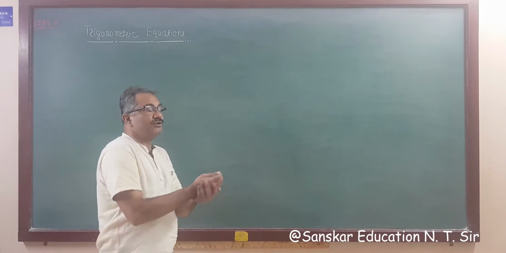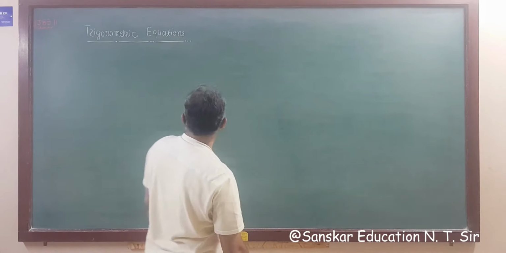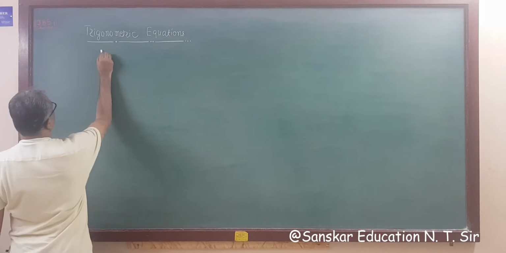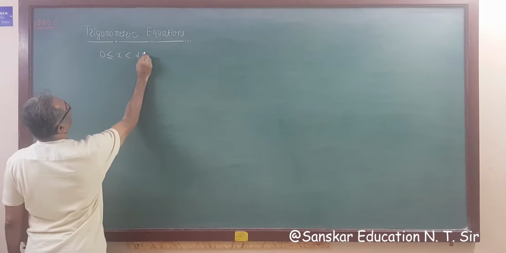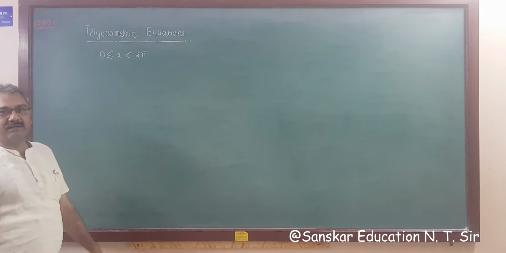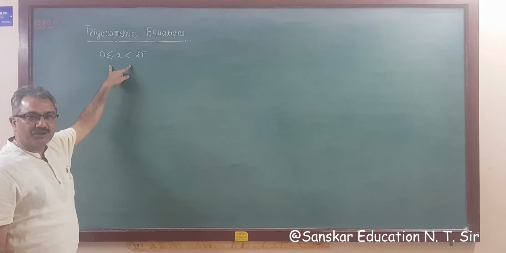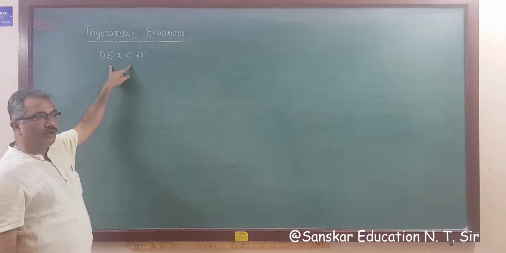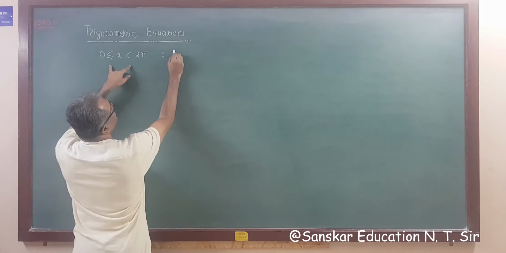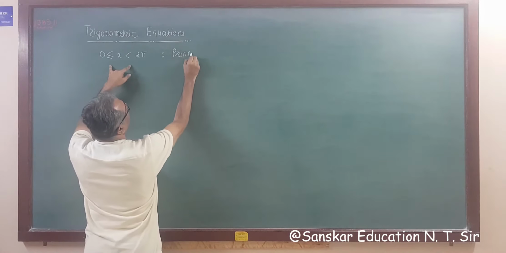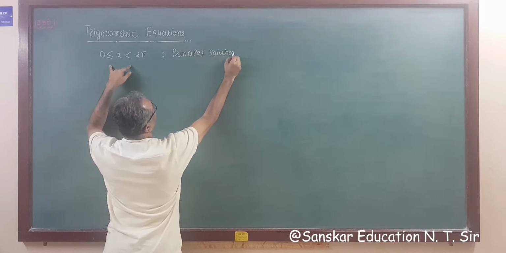So the solution of a trigonometric equation for which 0 is less than or equal to x is less than 2 pi, that is, a solution in which this interval is given, is called a principal solution, right?